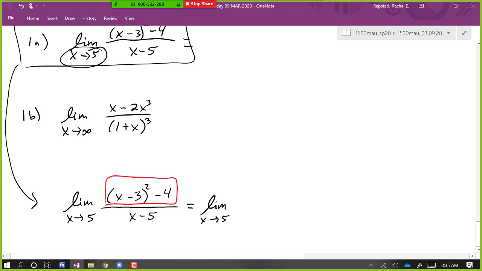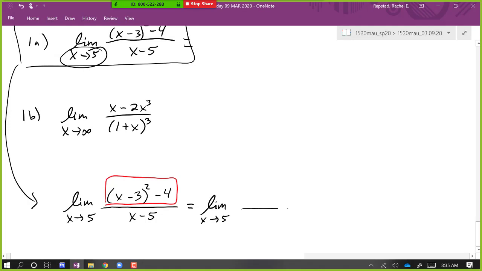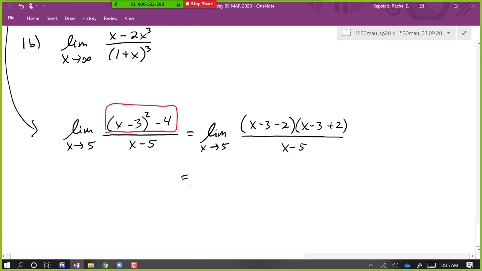I've got x minus 3 squared, which is obviously a square, and 4 is 2 squared. So we could factor it as a difference of squares, x minus 3 minus 2, x minus 3 plus 2, and then we get x minus 5 times x minus 1 over x minus 5.